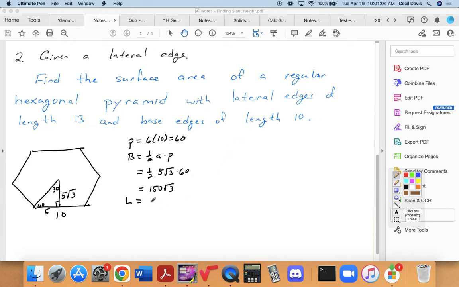Then the lateral area is 1/2 perimeter of the base times the slant height. So it's 1/2 of 60 times, and we don't have the slant height.